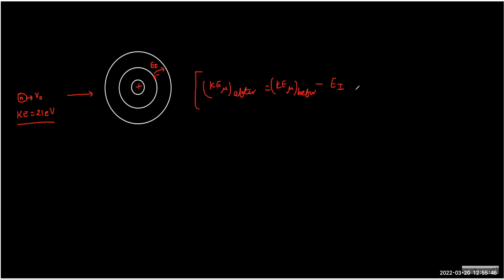You see, the energy relation we can write directly. And of course, if you want to write in the simple way, it will be difficult, so we must write in this way. So the kinetic energy after in the CM frame will be equal to the kinetic energy before in the CM frame minus what we consume, which is the E1 value. Is this clear? Yes or no? Yes. All right.